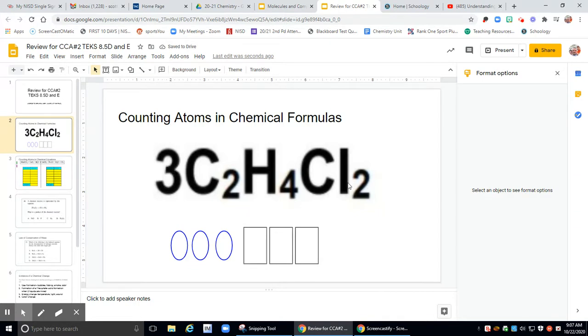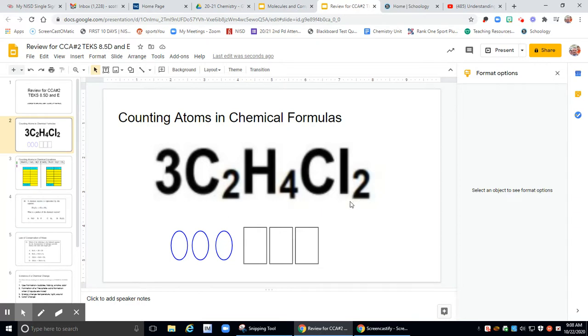This is a multiplier for everything. This tells us that there are three molecules of this substance. These are subscripts that tell us that I have two carbons, four hydrogens, and two chlorines in one molecule of this substance. But this three then means that I have three of these. So I would then use this three to multiply times each one of these subscripts.